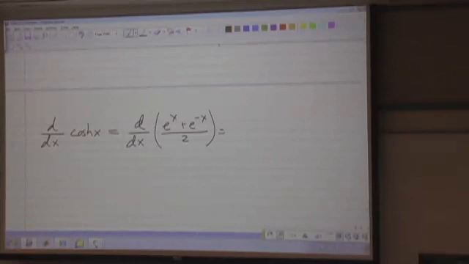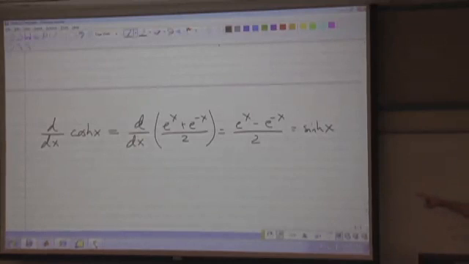Well, it's going to be e to the x minus e to the minus x over 2, which ends up being sinh of x. Yes? Why does the minus sign change? Well, what's the derivative of e to the minus x? Oh, okay. e to the minus x times negative 1, right? Yes. Is this making sense?